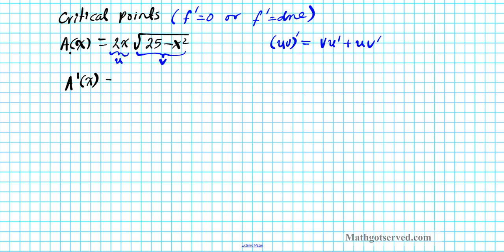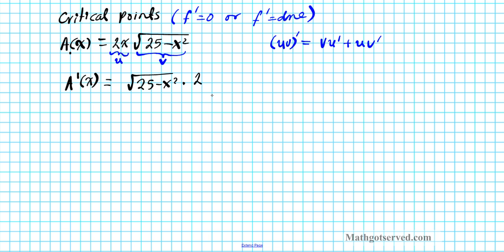So we're going to have 2x times the derivative. Well, let's do it the other way. It's going to be v, which is the square root of 25 minus x squared, times u prime, which is just simply 2.